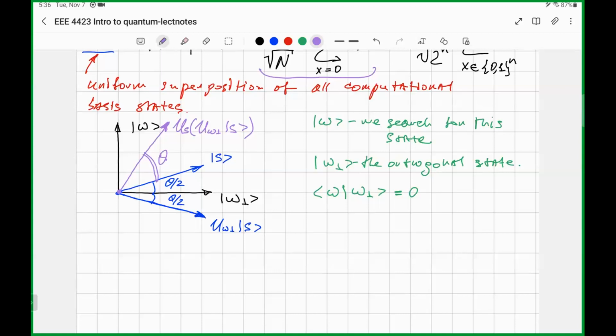So for example, the next iteration would be a reflection of this magenta vector over the state omega orthogonal.